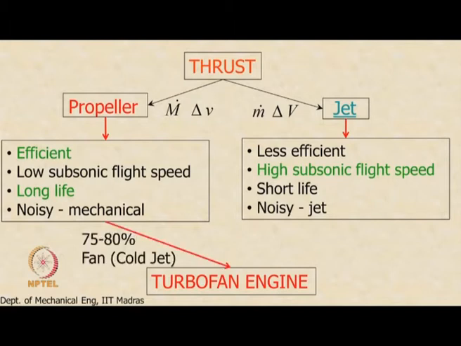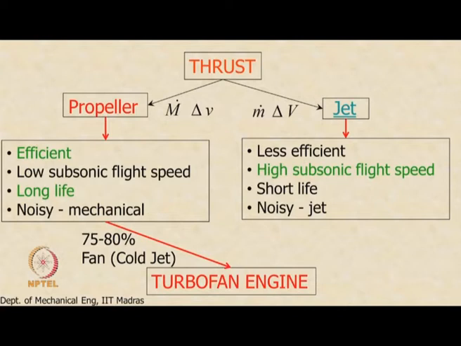Now, the turbofan engine combines the advantages of the propeller engines, in that the longer life and the efficiency come from the propeller mode. It generates about 75 to 80% of the thrust using a fan, which is very similar to a propeller, but not the same. So, 80% of the thrust is generated using cold air, which will definitely increase the life of the engine, because it is not exposed to high temperatures.